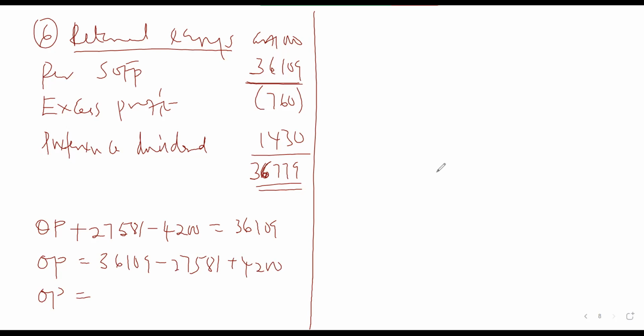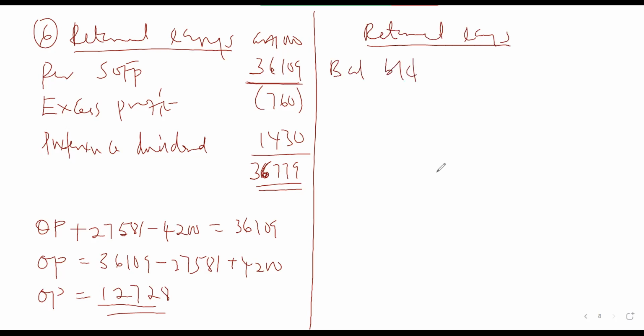I'm getting 12,728. So this is the opening retained earnings. So we can now prepare our retained earnings. So we have our balance brought down, which is 12,728.